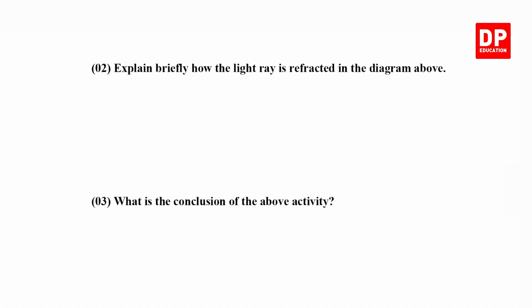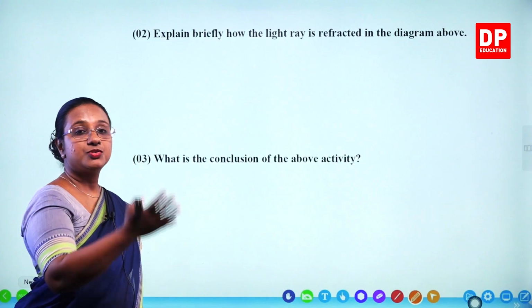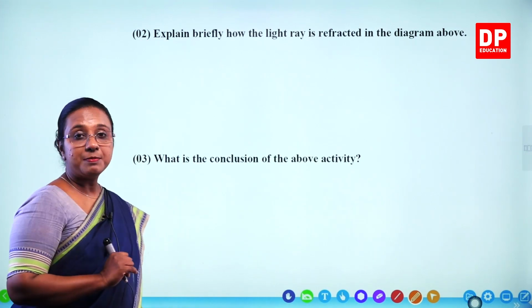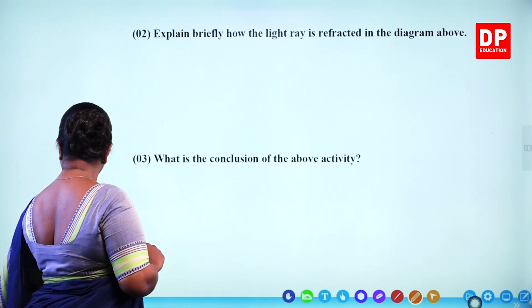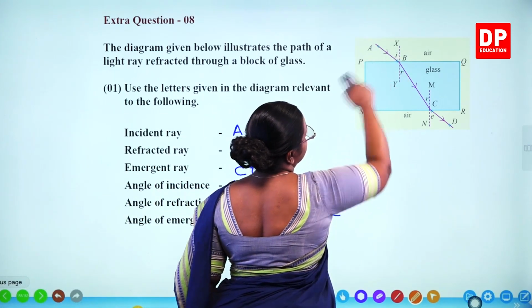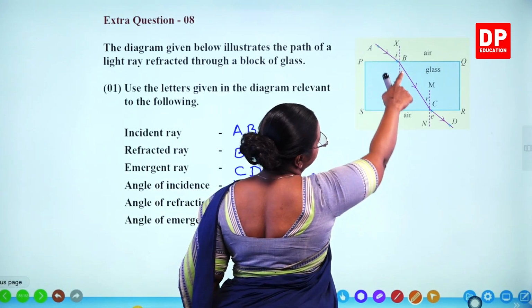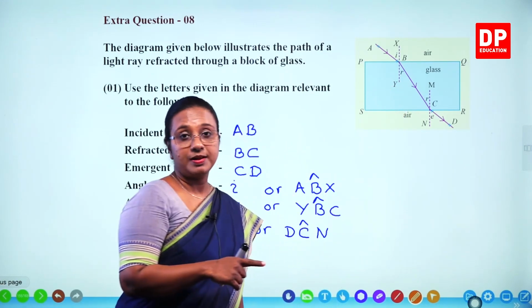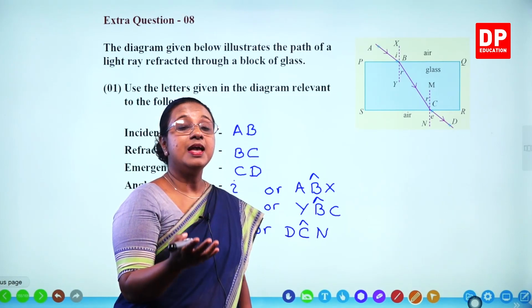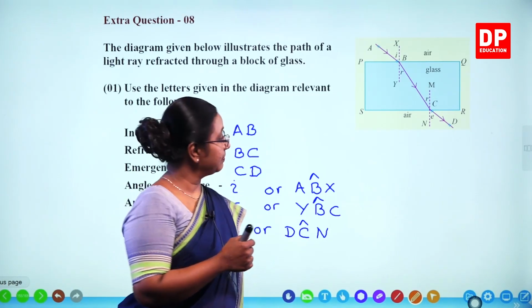Explain briefly how the light ray is refracted in the diagram above. So the diagram that we saw before. You can remember what happens there, but I will go back to the slide just to show you all. AB is the incident ray. It refracts towards the normal. Why? Air is lighter or rarer medium and glass is the denser medium.